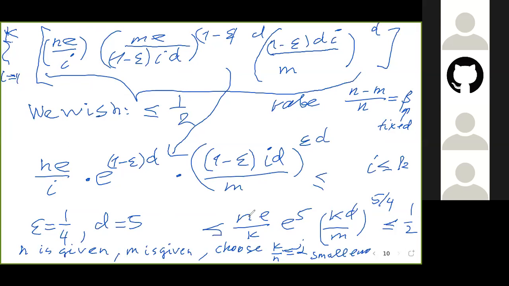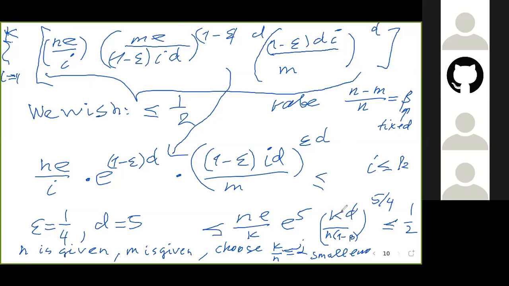Let's see why this is. So our m is beta n minus beta n, so n times (1 minus beta).